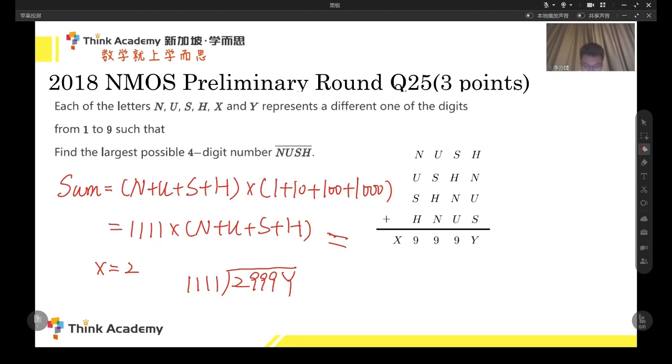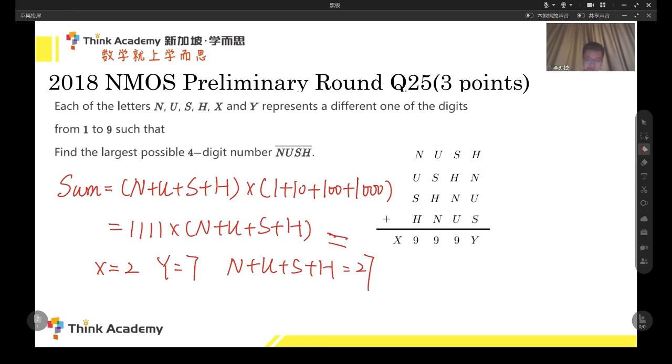Yeah, here we have a 2 here, and then a 777y. So obviously y should equal to what? Equals to 7, right? So if x equals to 2, then y should equal to 7. Then we have this number, n plus u plus s plus h would equal to 27.